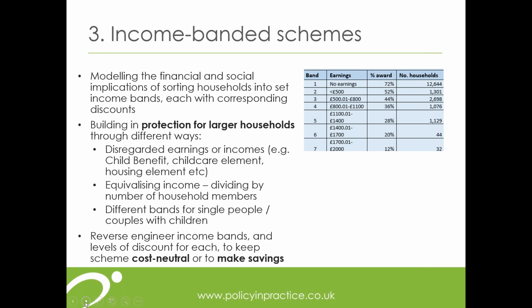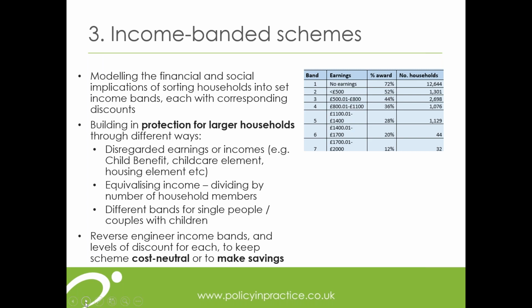If you look to the left again, there are other elements to income banded schemes which we can tailor according to our clients' needs. So we can introduce protections for larger households where we account for more than just earnings. We often introduce different columns for households with children and without children, and then perhaps even breaking down according to how many children are in the household.